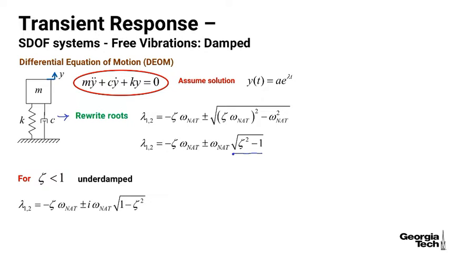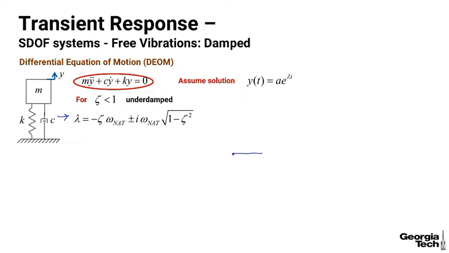So I have plus or minus i times omega natural times, since it's a negative number, I took the minus 1 out, and the square root of that flips and becomes 1 minus zeta squared, which is a positive value. All right, so there are my rewritten roots for the underdamped case.